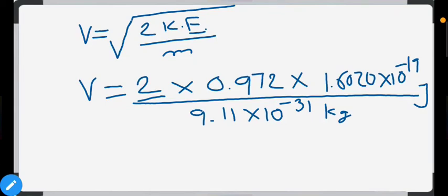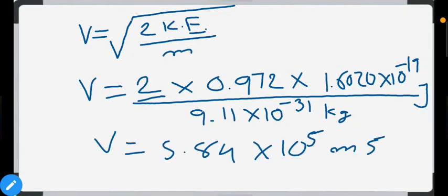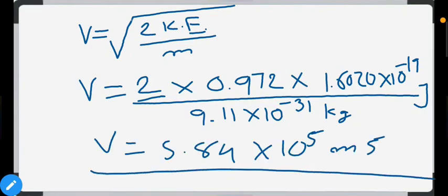Here the particle is the photoelectron, so we use the mass of the electron, approximately 9.11 into 10 raised to minus 31. So our answer will be 5.84 into 10 raised to 5 meter per second.